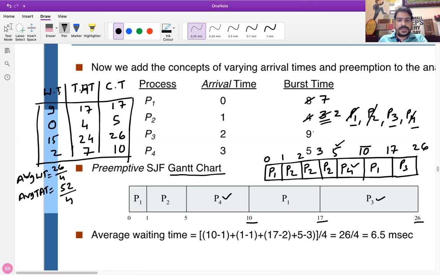Now, if we see, if all the processes are there in the ready queue, this algorithm works as a shortest job first algorithm. If all the processes are not available in the ready queue at the beginning, when all the arrival time is not exhausted, we'll find out that we have to do preemption if any shorter process comes into the main memory or into the ready queue.